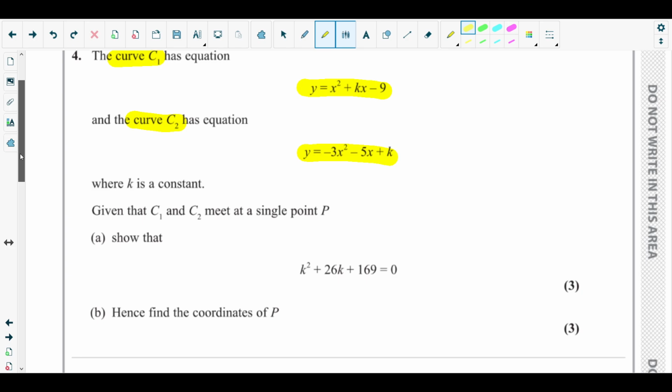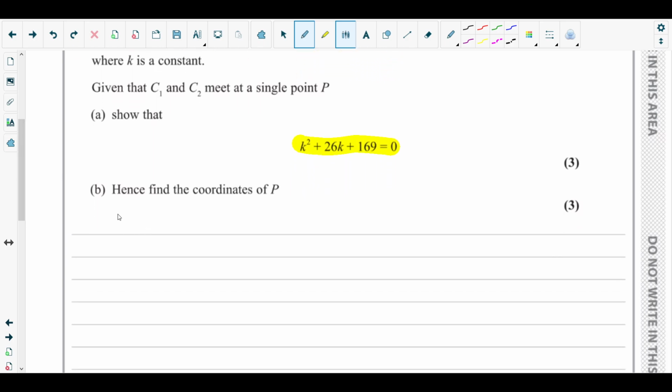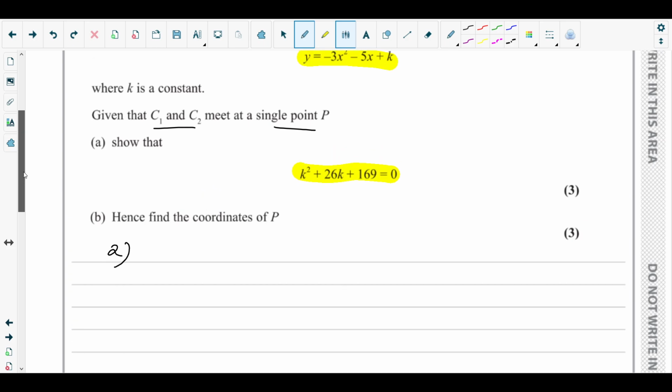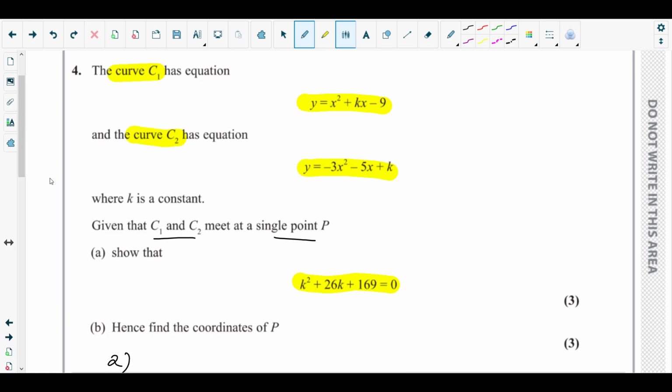The first question, part A, asks: show that k squared plus 26k plus 169 equals 0. Fine, we need to show this equation. Now consider the hint. The hint here is that C1 and C2 intersect at a single point P. When two curves intersect at the same point, we know that at that point their x and y values will be equal.